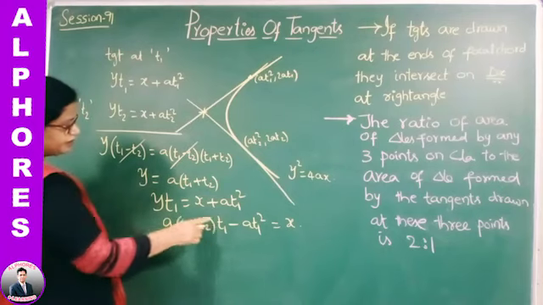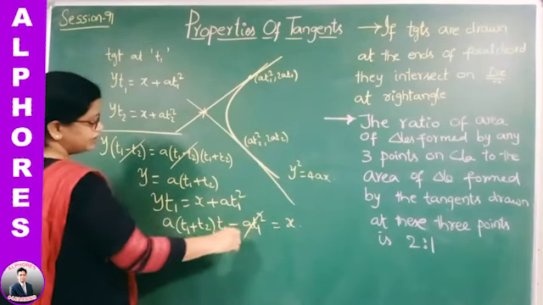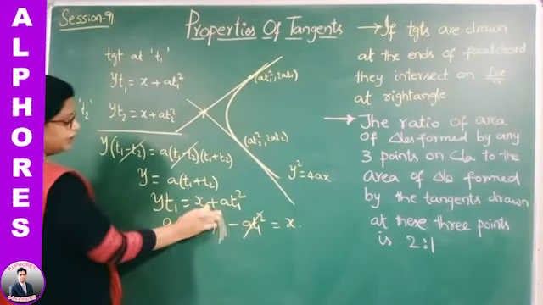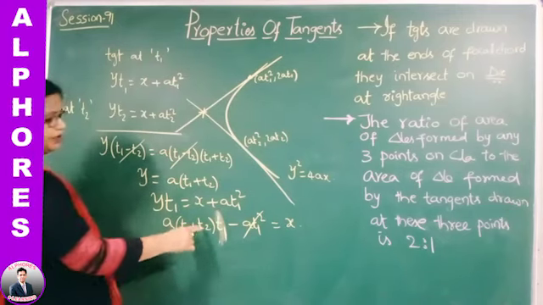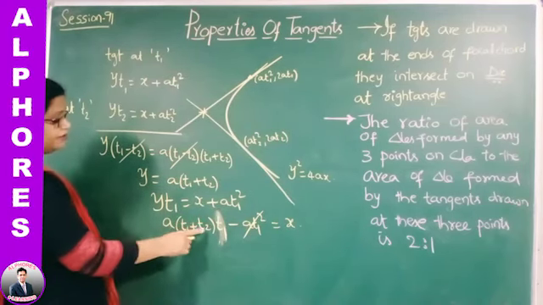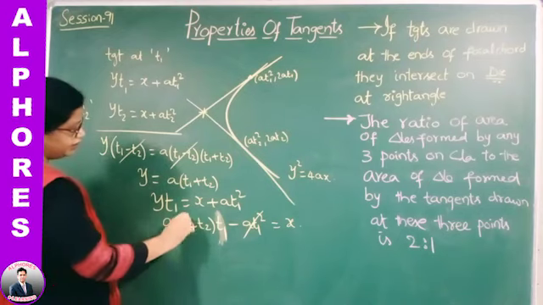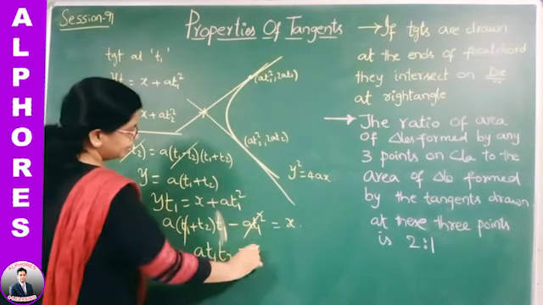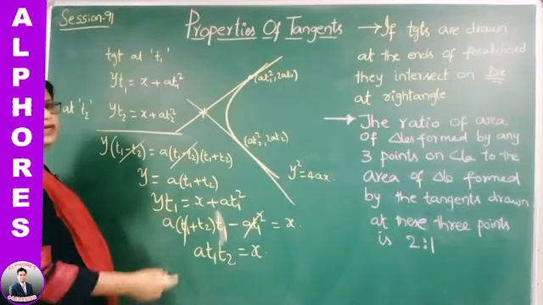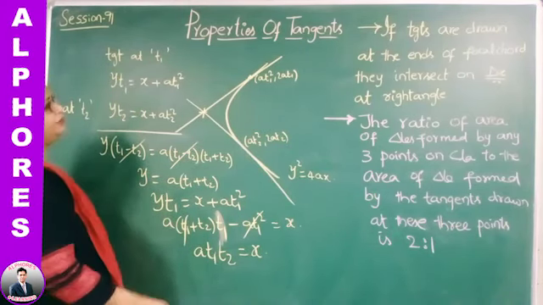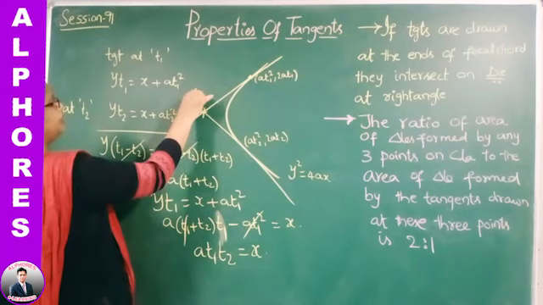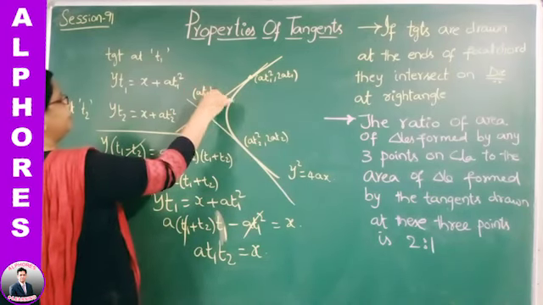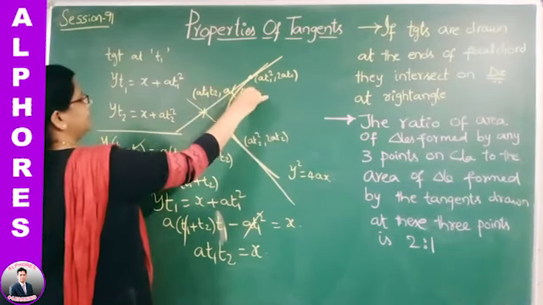So at1 square here will be cancelled with this value, and the leftover is at1 t2. Therefore the value of x is at1 t2. So finally, our point of intersection of the two tangents is at1 t2 comma a into (t1 plus t2).